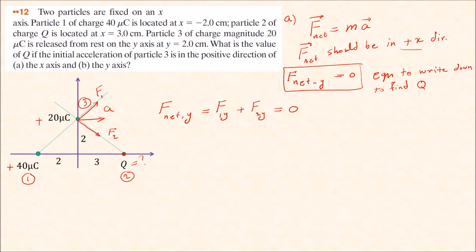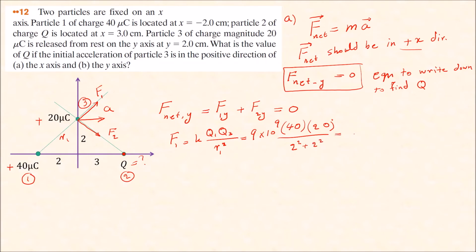So F1 is K Q1 Q3 divided by R1 squared. 9 times 10 to the 9, Q1 is 40 times 20, divided by R1 squared, which is 2 squared plus 2 squared.